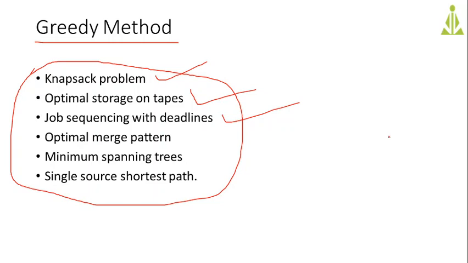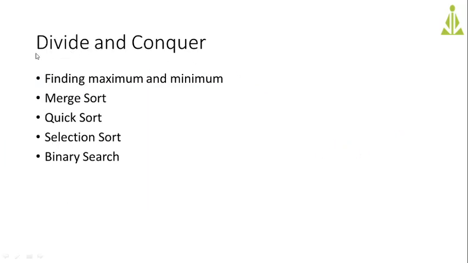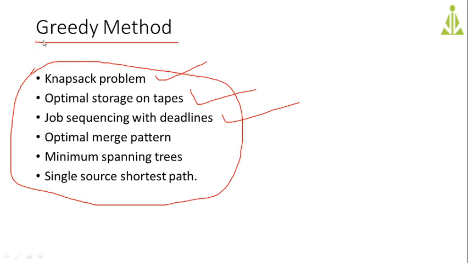The major important part of algorithms is that there are different methods for solving problems, like divide and conquer, greedy method, dynamic programming, branch and bound, and so on. So the second unit is very important, and in this you are going to learn divide and conquer as one method, and the next one is the greedy method. These two methods we are going to learn in the second unit.